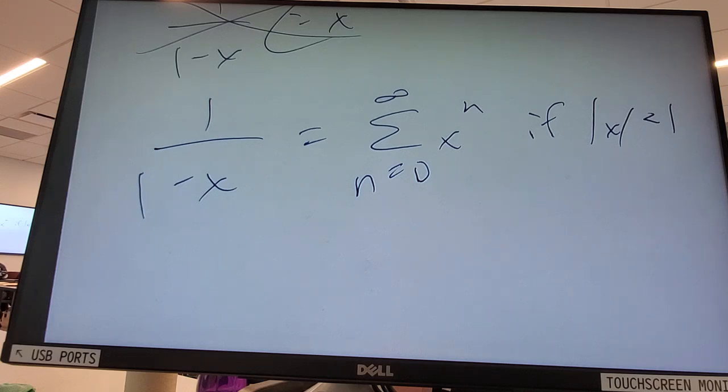So we're going to develop a process where I can start with almost any function, and we can make an infinite series polynomial out of it.